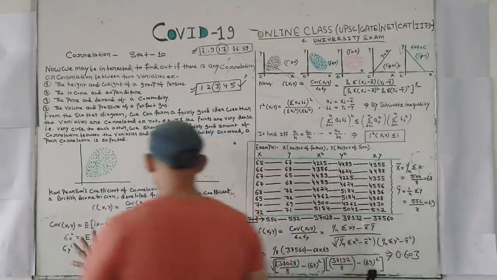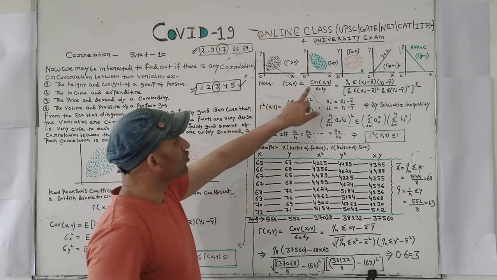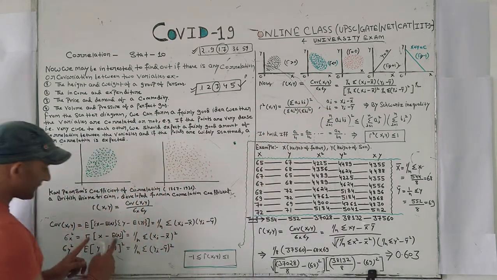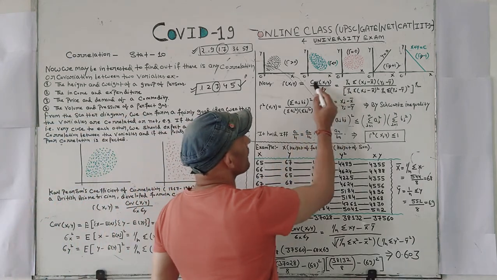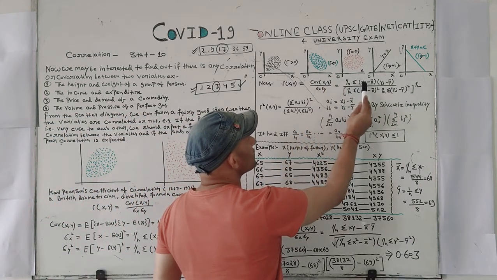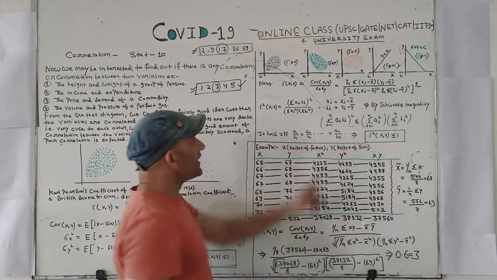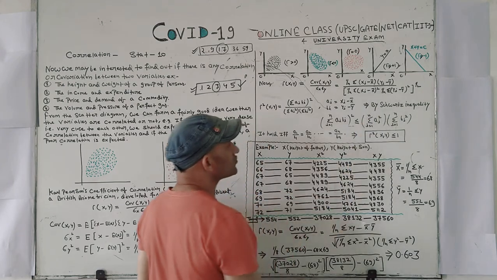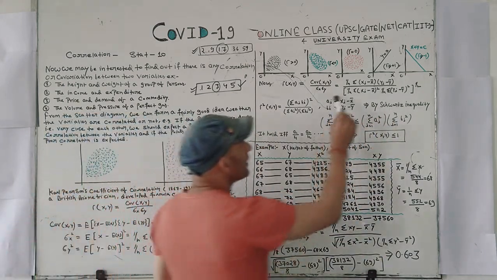Now he has written Rxy is equal to covariance of xy upon sigma x sigma y. Whatever I have taught you, I have written here. Covariance of xy is equal to 1 upon n sigma (xi minus x bar) into (yi minus y bar), and sigma x sigma y is equal to the square root of 1 upon n sigma (xi minus x bar) whole square times 1 upon n sigma (yi minus y bar) whole square.